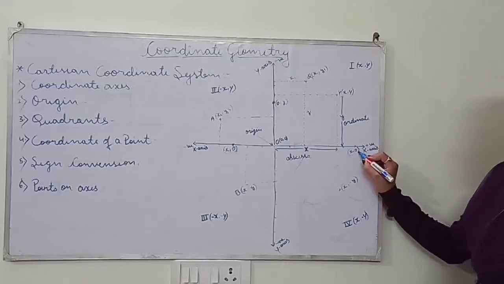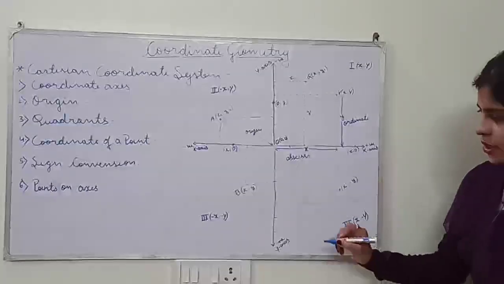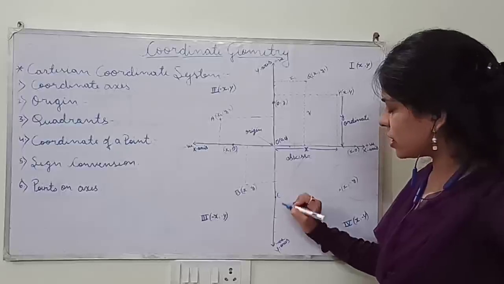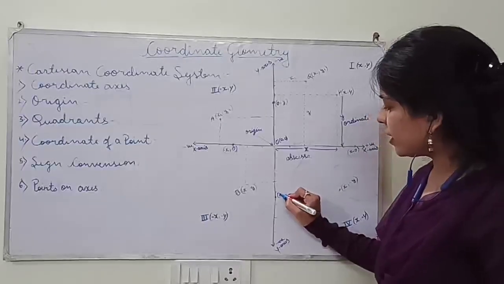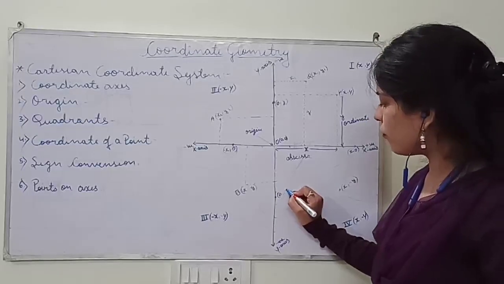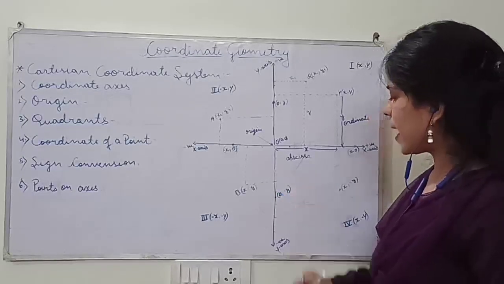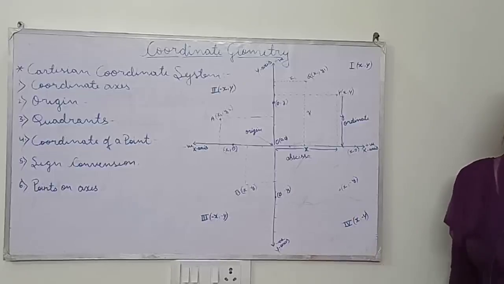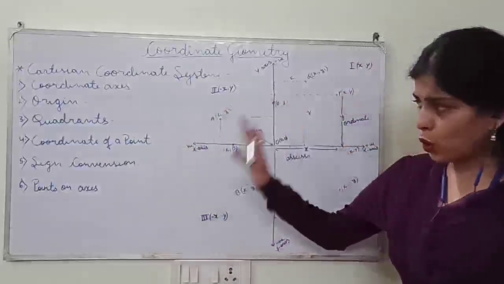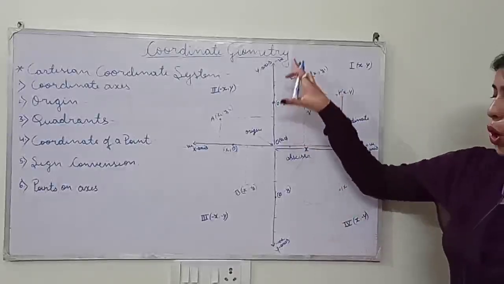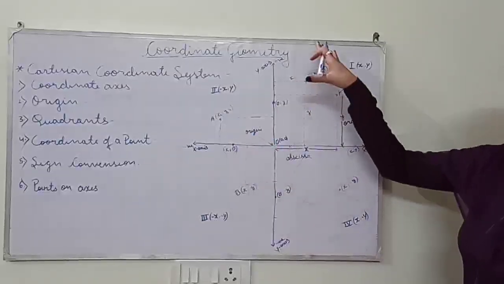X will be positive and y coordinate will be 0. Similarly, for any point which lies on the negative y-axis, its coordinate will be (0, -y). So these are the coordinates of points which lie on the x-axis or y-axis.